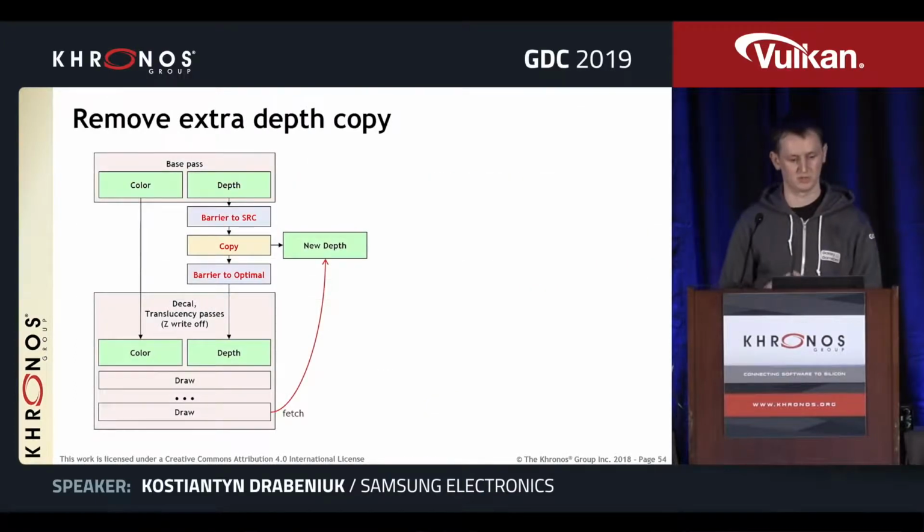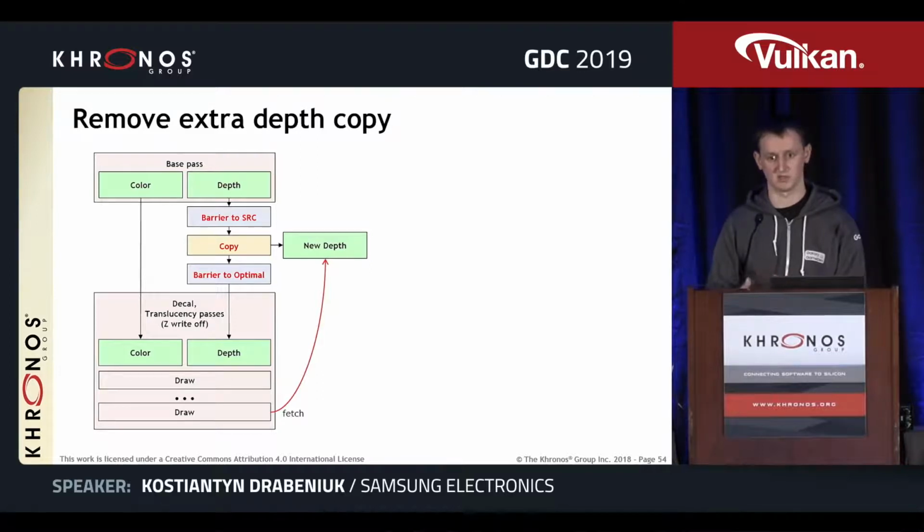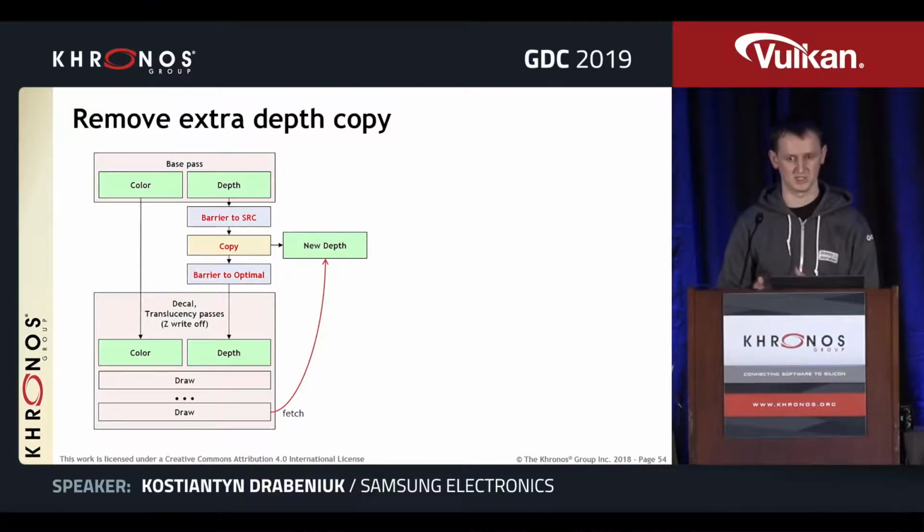Also, originally Unreal did an extra depth copy before the translucency pass. The translucency pass uses the depth image from the base pass as a render target for depth test with depth write disabled. Also, this depth image is sampled in the shader.